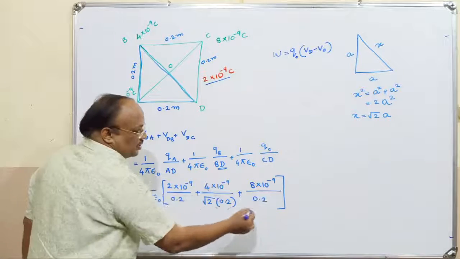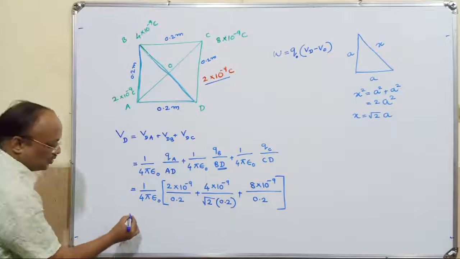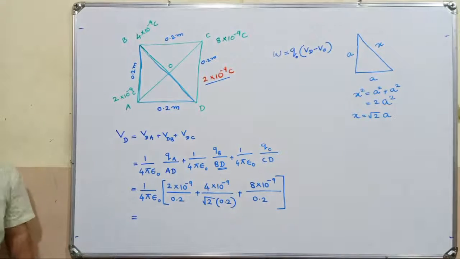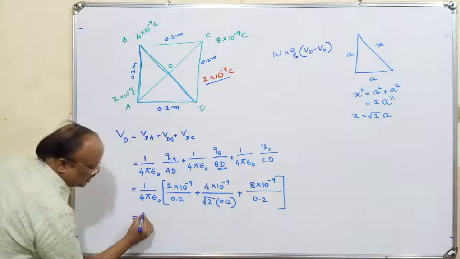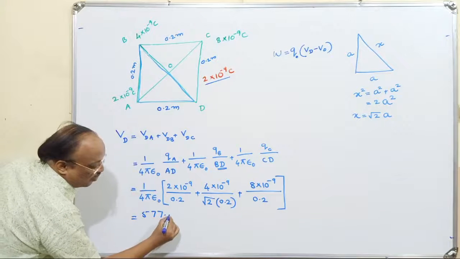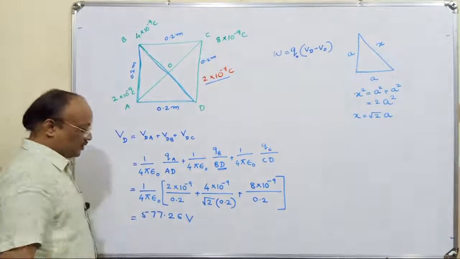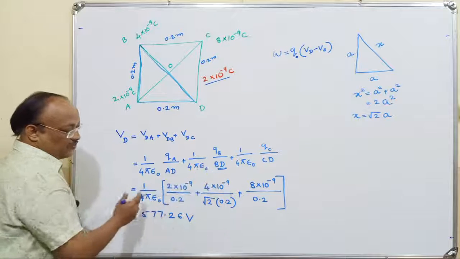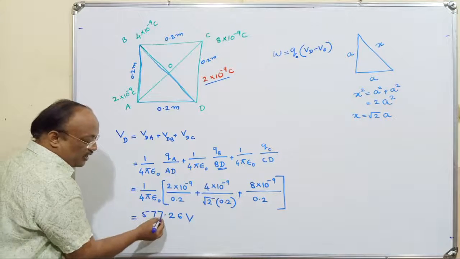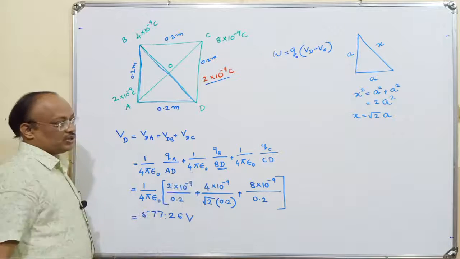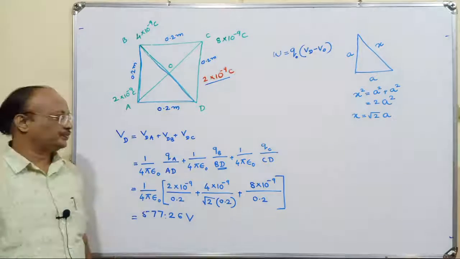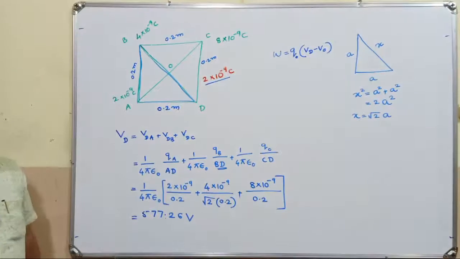So all these, if you calculate, what value we get? 577.26 volt. Later on, you calculate. If you calculate these values, you will get 577.26 volt. This is VD.